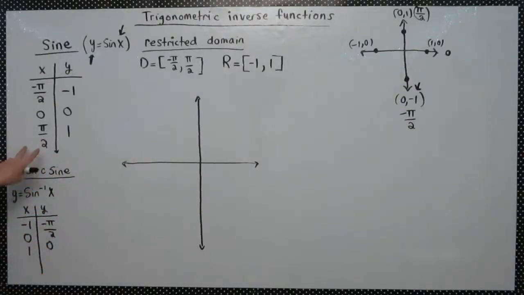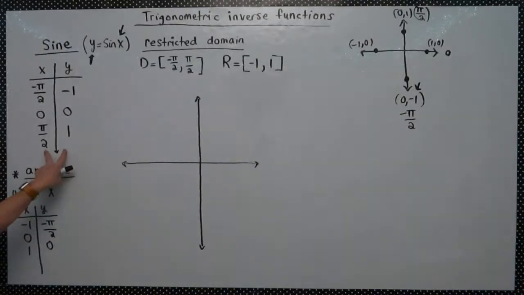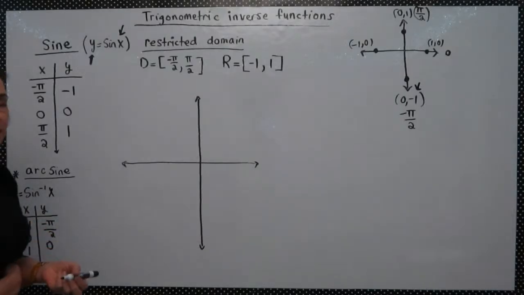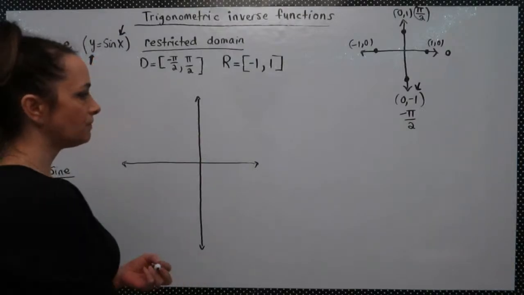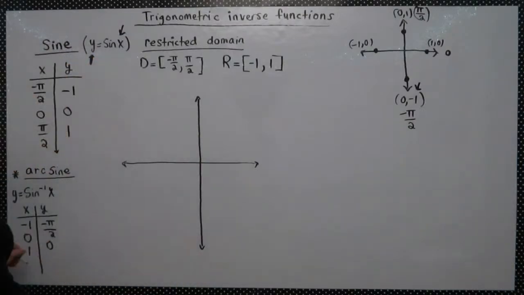So notice here, these are like a reflection of these points here. I wasn't making a mistake. I was just literally swapping out the domain and range of the function, which is a typical way of finding a function's inverse. If you are only given a table of values, you would just switch them out and say the special inverse notation.